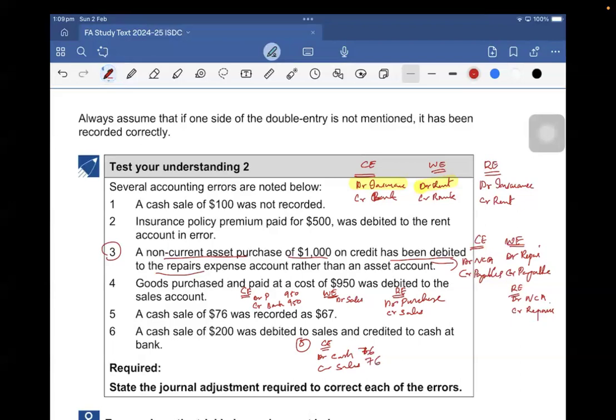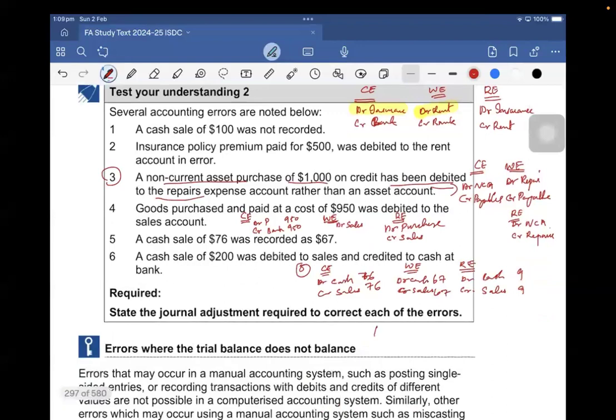And the wrong entry that they took in was they took a lesser amount, 67. Credit sales, there is 9 missing, right? So your rectification entry would be the same: debit cash and credit sales, but you're going to take the extra amount of 9. Clear?